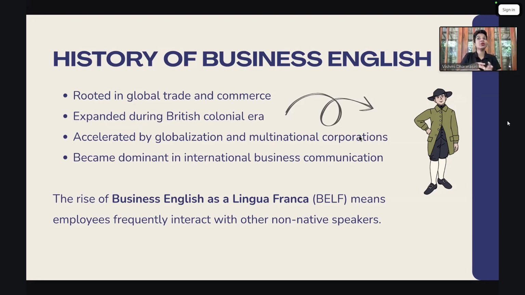They didn't go and colonize each country, but they had a huge soft power. They had a huge influence through business, through technology, through their art and culture. So the American culture became really famous in other countries. So that is how English was developed.